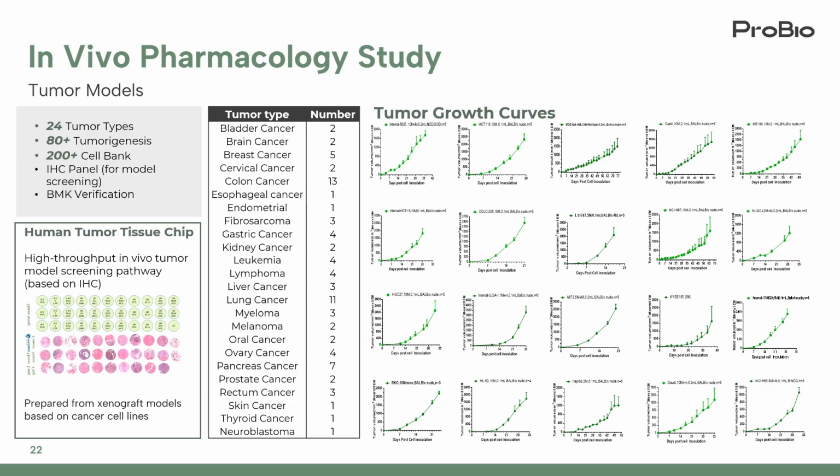For oncology, we have established disease models for 24 tumor indications with more than 80 tumor cell lines. In addition, there is a cell bank with more than 200 tumor cell lines for customized assay development.